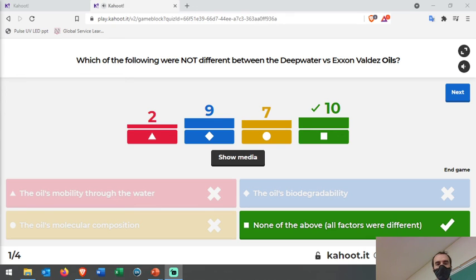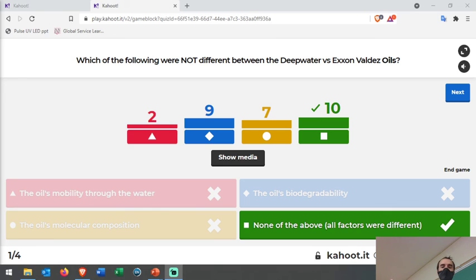So it looks like a fair bit of you got that, not everybody. So it was essentially each of those were different between the two oil spills. So it made a big difference that the oil quality in the Deepwater Horizon was much lighter. It was a lighter crude, they would call it, and it was more mobile.